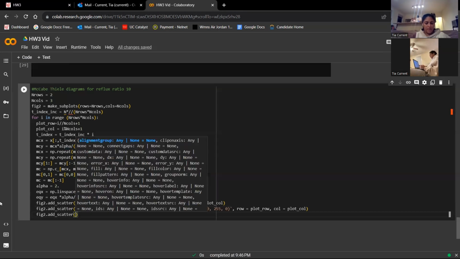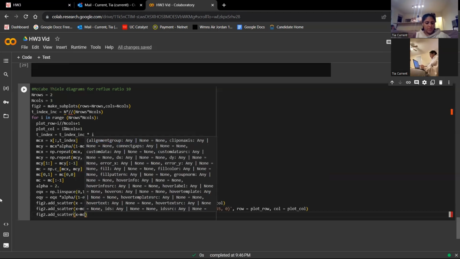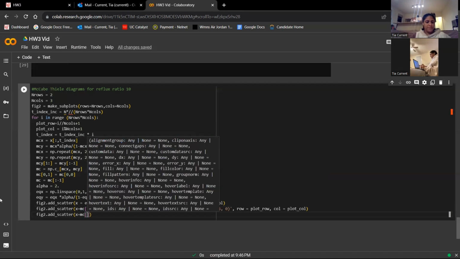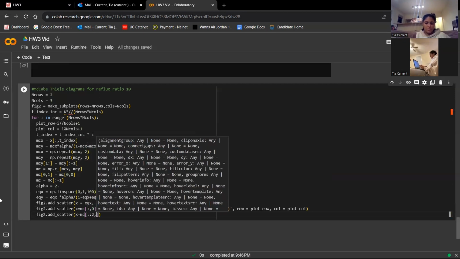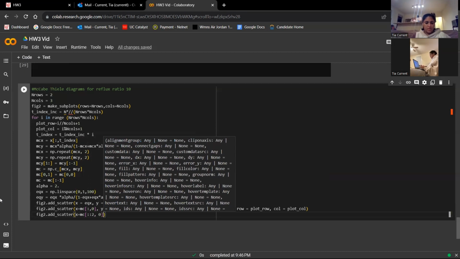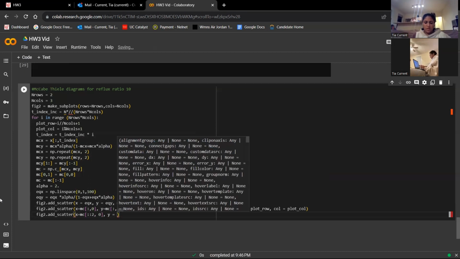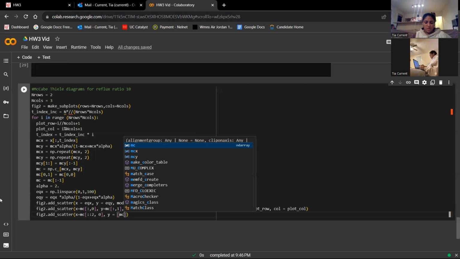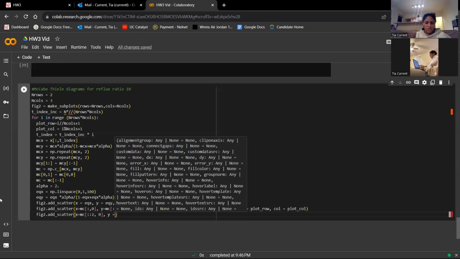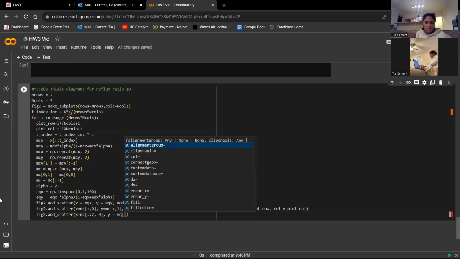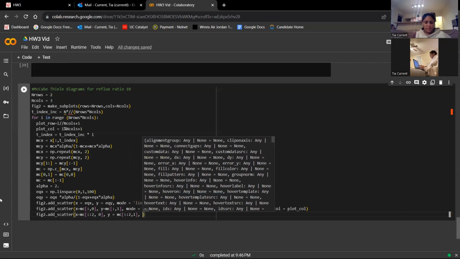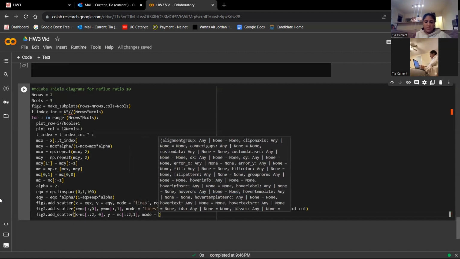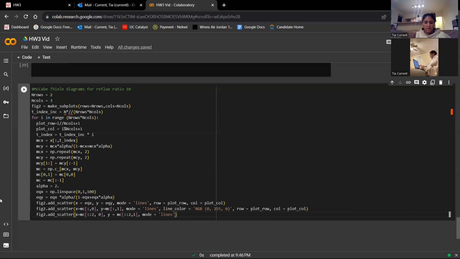Big scatter, x equals C 1, 2 comma 0, and then y MC 1, 2 comma 1 close bracket, and then code lines as before.